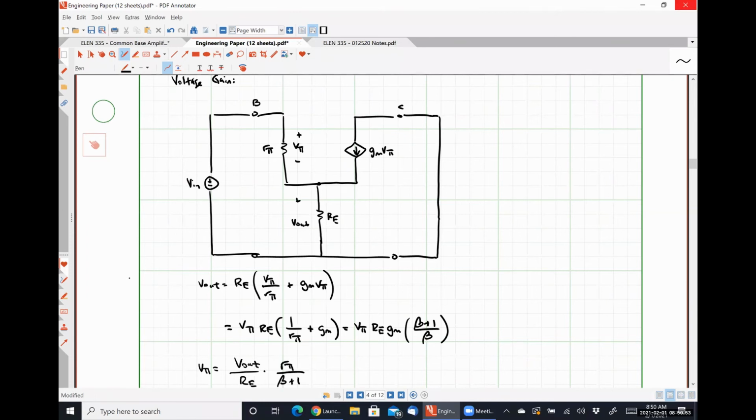And so we can see something about the voltage gain actually already here, right? If Vin is equal to V pi plus V out, then that means the output voltage, by definition, is always smaller than the input voltage. So in some sense, a common collector amplifier or emitter follower amplifier is a fancy voltage divider.